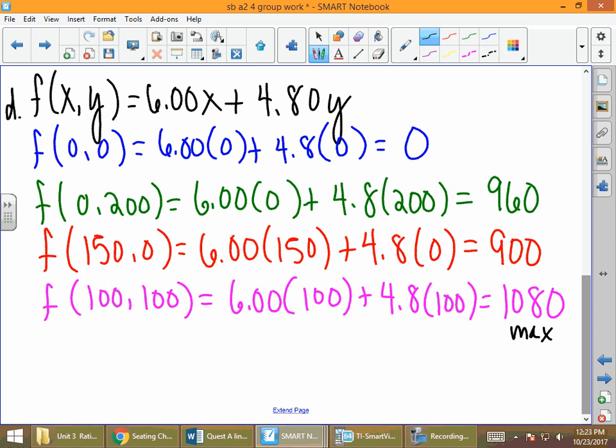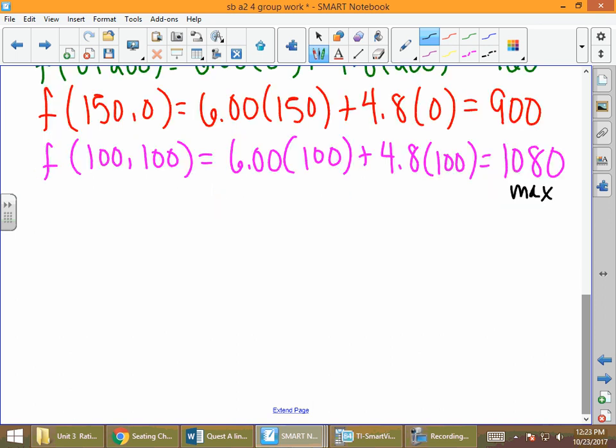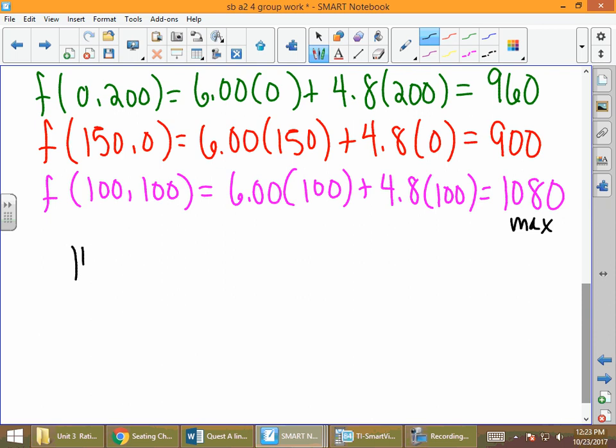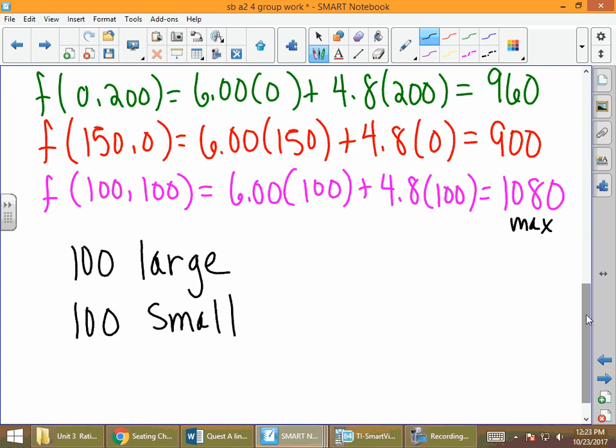That's our biggest number between 0, 960, 900, and 1,080. And what that means is that we need to make 100 large tins and 100 small tins for a total of $1,080 profit.